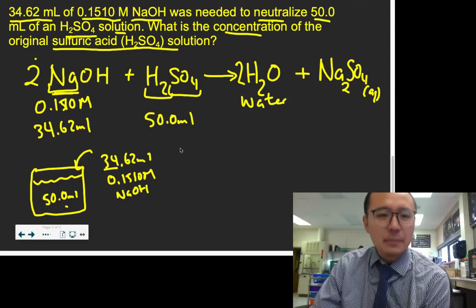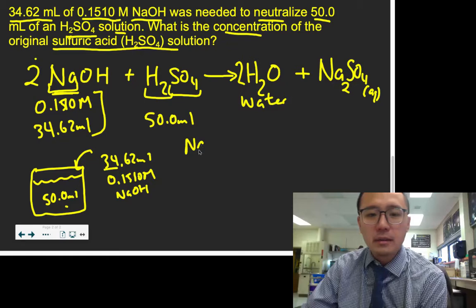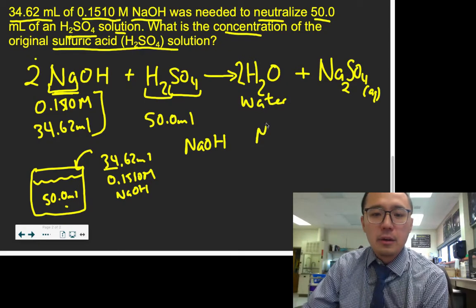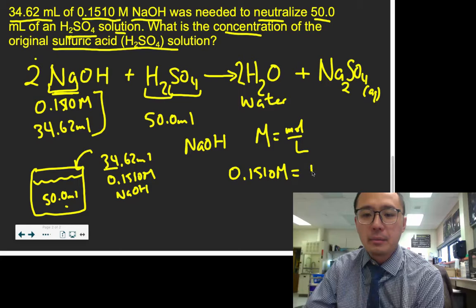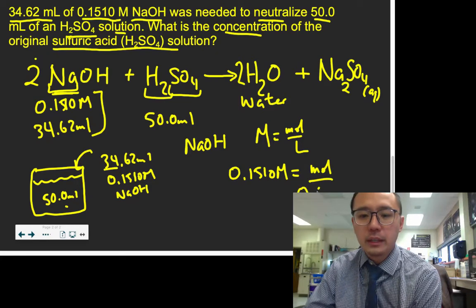Let's get some moles from this. Sodium hydroxide, let's find the moles of this. I know my molarity equation is moles over liters, so I'm going to go 0.1510 M. Molarity is equal to moles over, and I'm going to convert this to liters right away, so it's going to be 0.03462 liters.